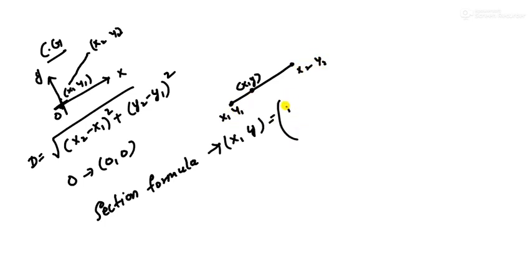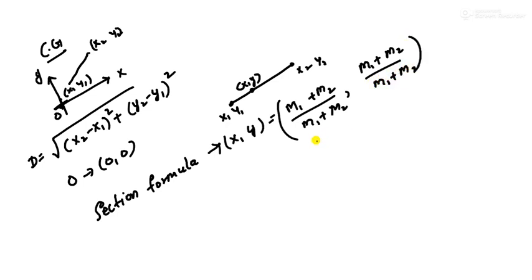See, first you write m1, m2 divided by m1 plus m2, comma, here you write m1 plus m2 divided by m1 plus m2. At first you have to write x, here you have to write y. How? If there is m1, write x2 here, m2 x1; here m1 is there, so write y2, here m2 is there, so write y1.